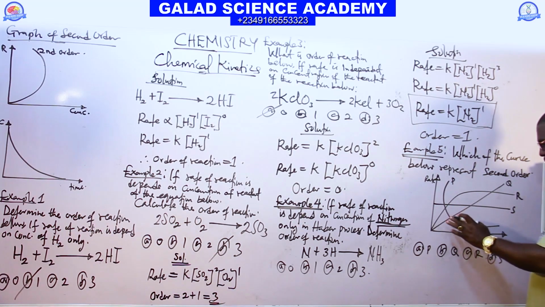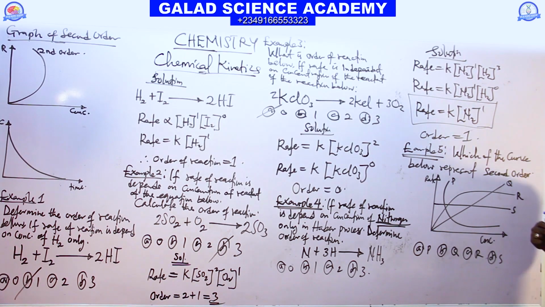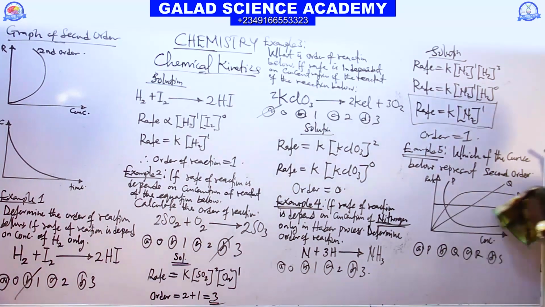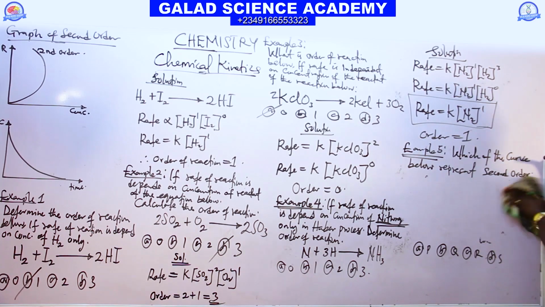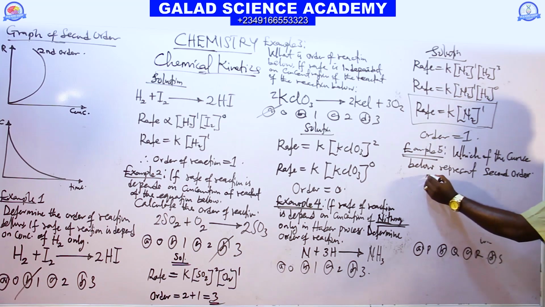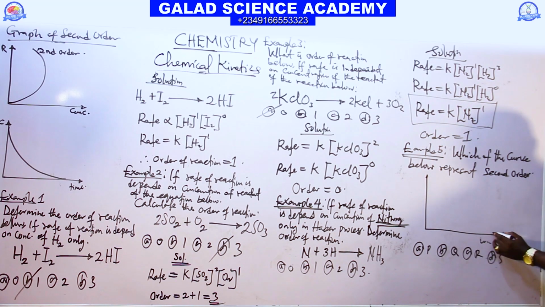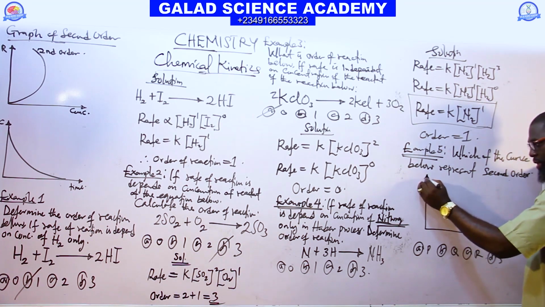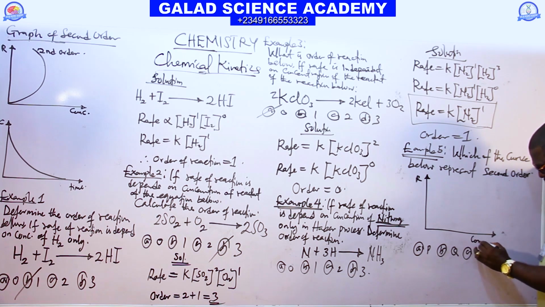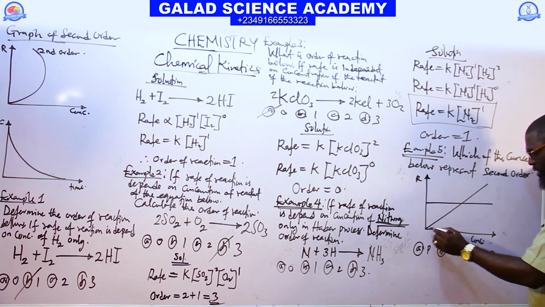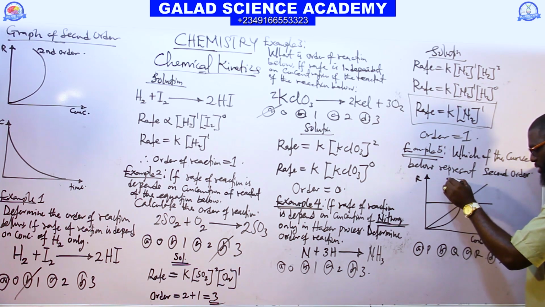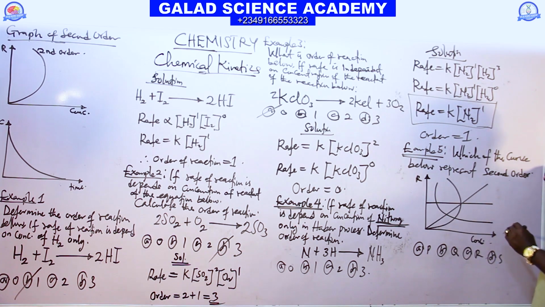The graph is not there. There is a mistake here. Wait, there is a mistake. So, rate against concentration. We have this, this, this, and this.